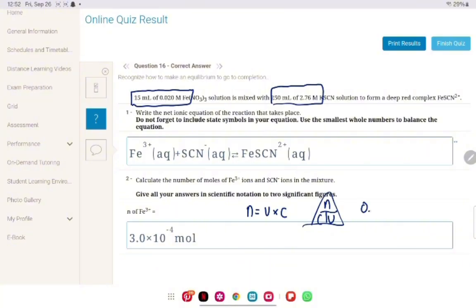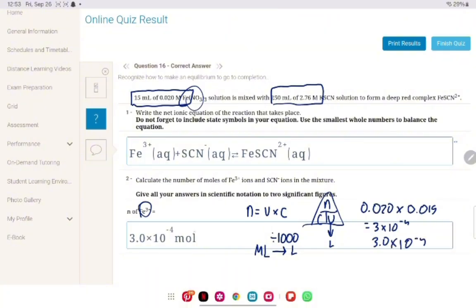C is 0.020. We're doing Fe3 plus, which is first, which is this. 0.02 times, volume always has to be in liters, so milliliters to liters is divide by 1,000. Okay, so when you divide 15 ml by 1,000, it's going to be 0.015. When you put this on the calculator, you get 3 times 10 to the power negative 4. You have to put it in scientific notation, so 3.0 times 10 to the power negative 4. So that's for the first one.